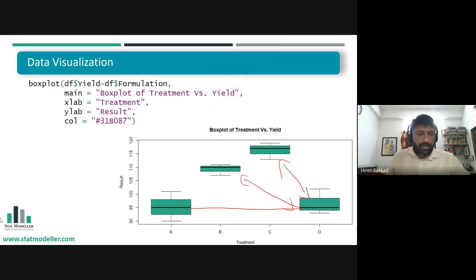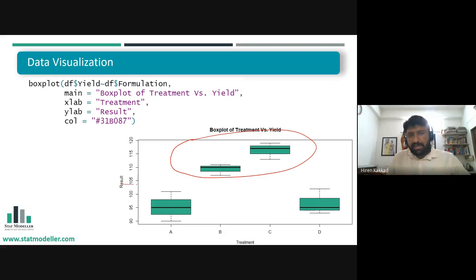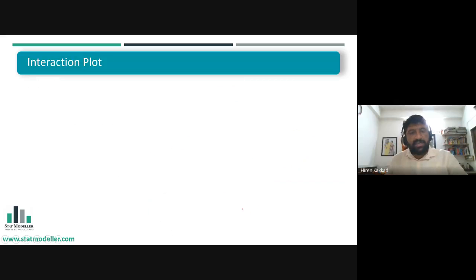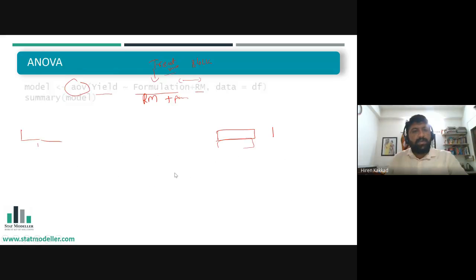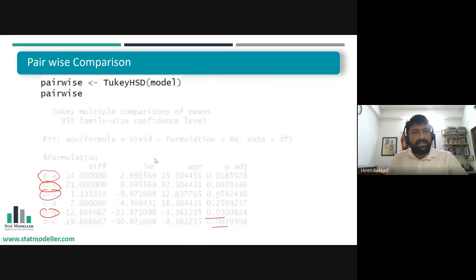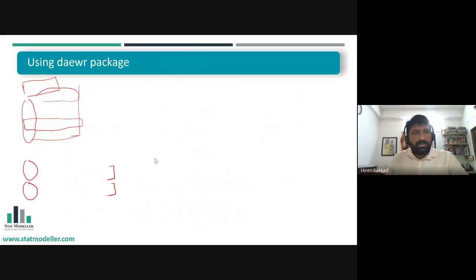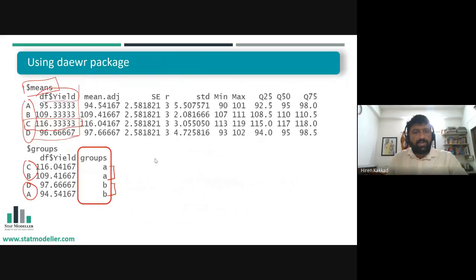Here also we can see the same thing: this makes one group with reference to the yield, so a clear cut line can be drawn. This is group A, this is group B, and that is the same thing displayed in this BIB.test analysis. So we are getting the same thing, right?